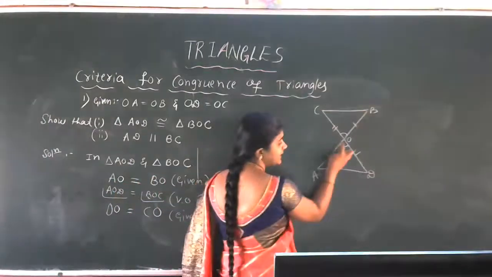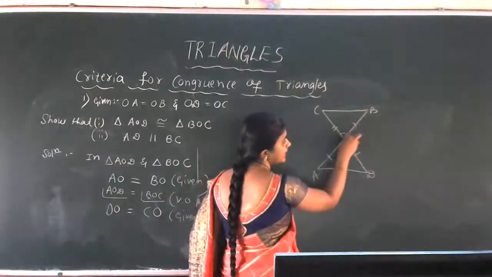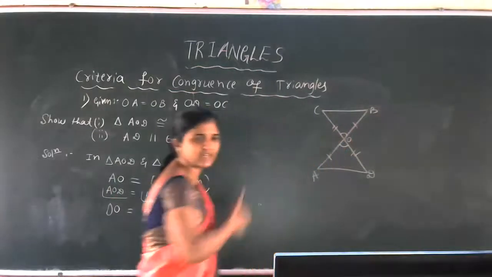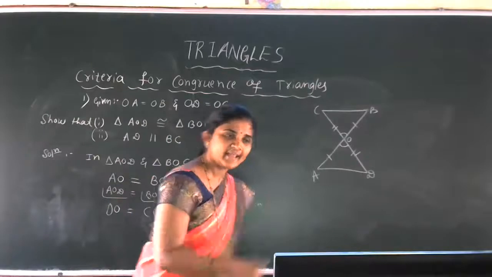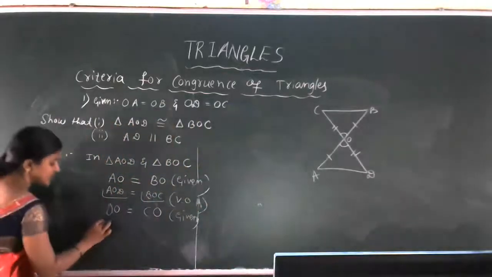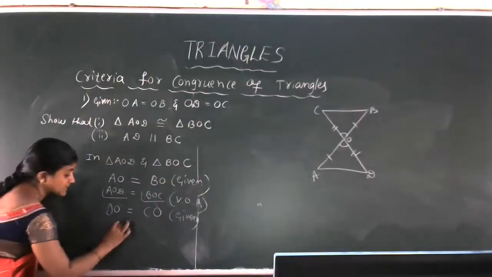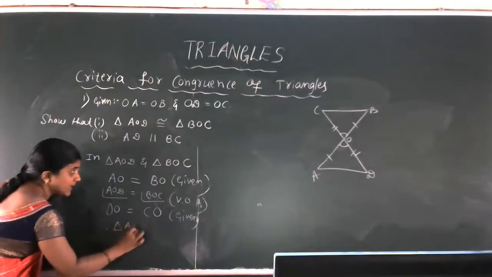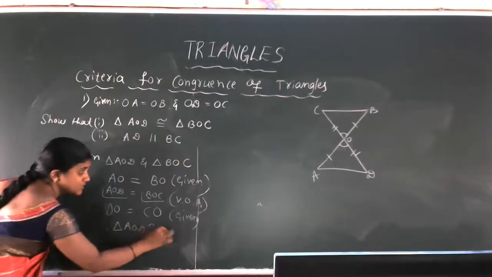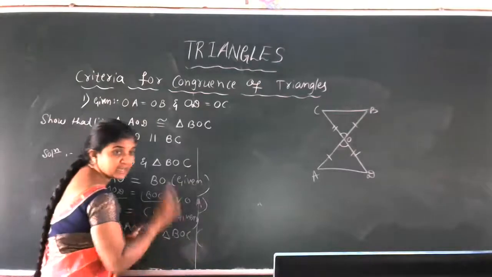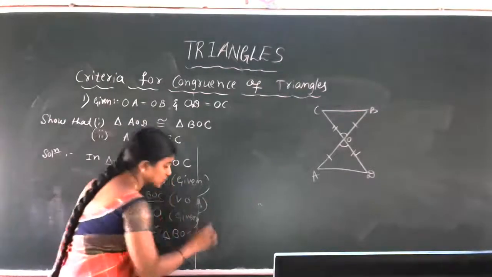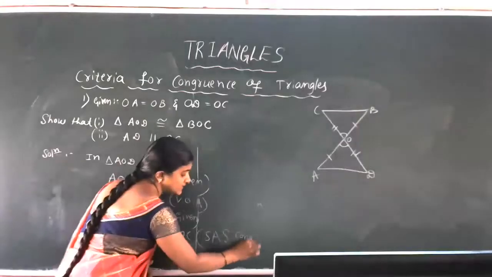Yes, side, angle, side. Of course, it is an included angle. Now, according to SAS congruency, can we say the triangles are congruent? Yes, therefore, the next step is: therefore, triangle AOD is congruent to triangle BOC. In brackets, you have to write according to which congruency.